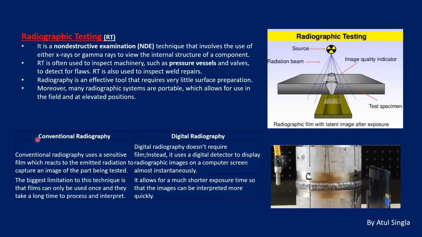The biggest limitation of this technique was that the film can only be used once, and it used to take a lot of time to process and interpret the results, whereas currently in digital radiography we can quickly get the results on a computer screen, right?